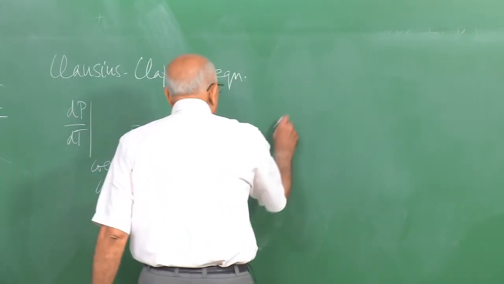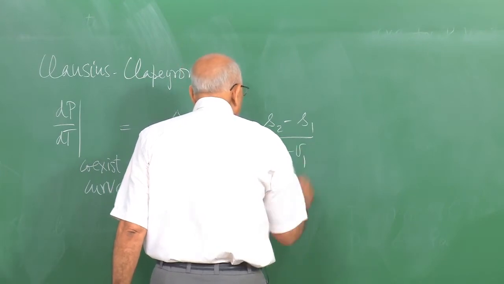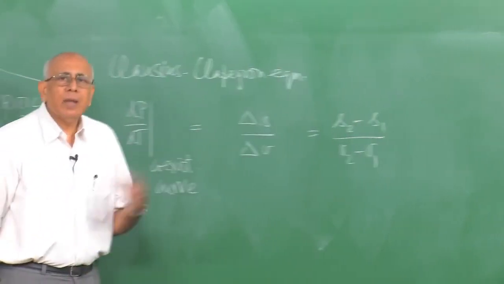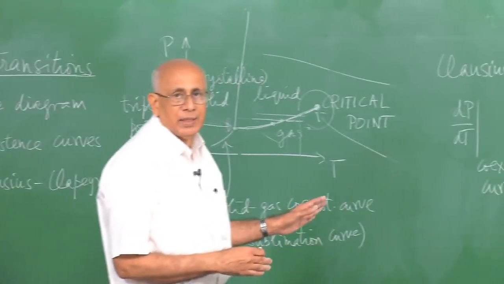So of course you could write it as S2 minus S1 over V2 minus V1. You could also write this as V1 minus V2 in the denominator and S1 minus S2 in the numerator, and it would not change at all.